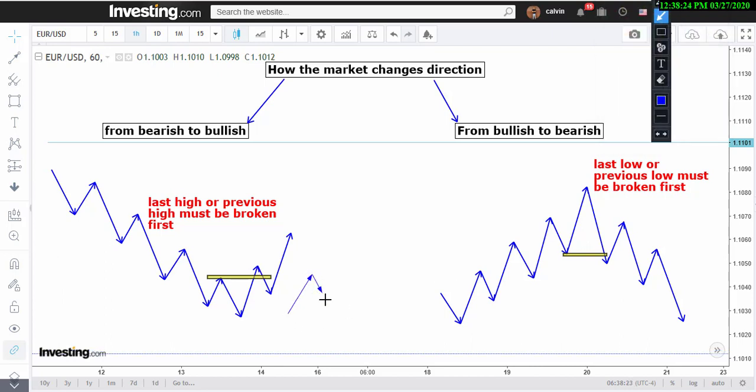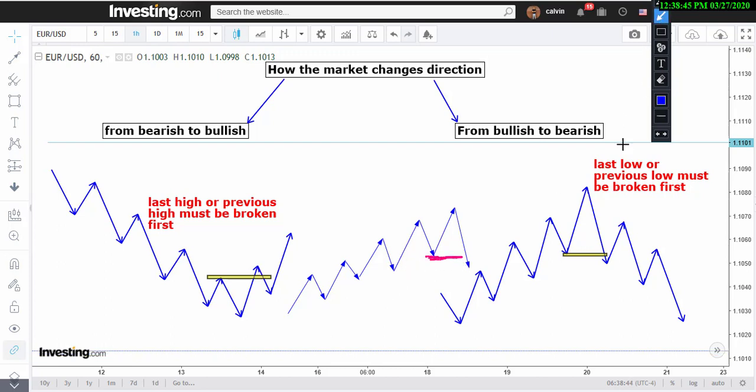When the trend is moving higher, if it doesn't break this low here, the trend will keep pushing higher. But the moment you see that it has already broken this low here, we can predict that the market will retrace and then push lower.